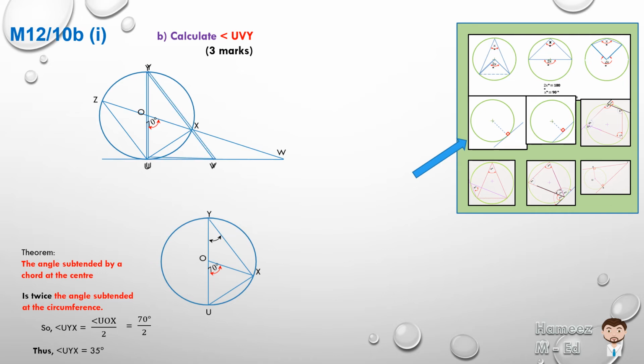So let's extract that. And when we extract it, we recognize a couple of things. One, the angle between UY and UV is 90 degrees. And we have the angle up on top, UYV, because it's the same thing as angle UYX as we worked out before, to be 35 degrees.